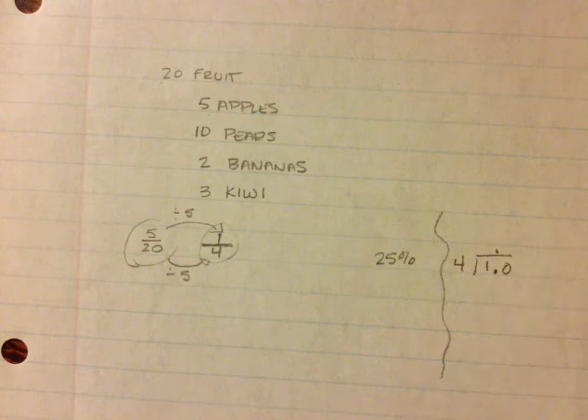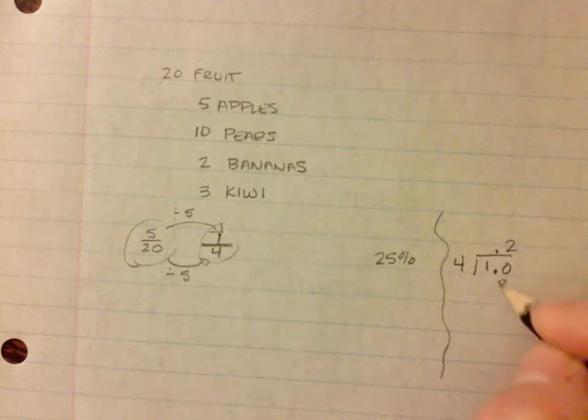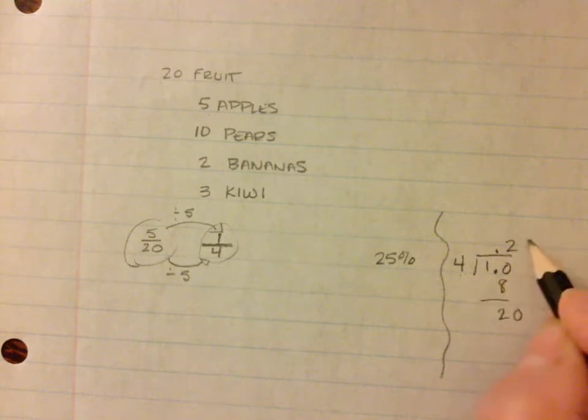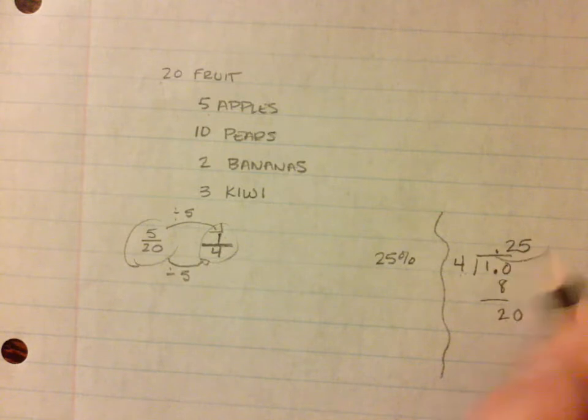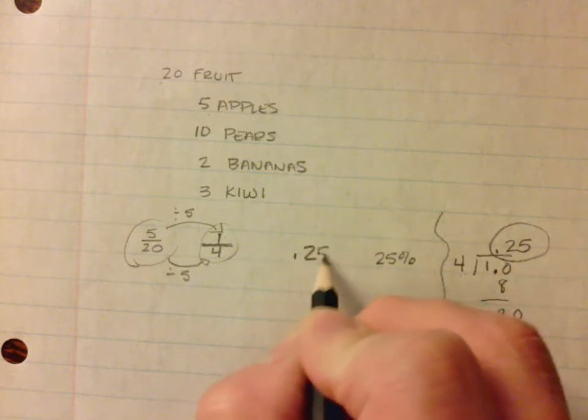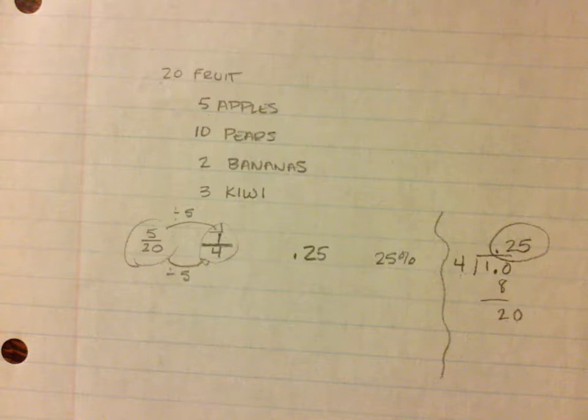Then 4 will go into 10 twice, giving me 8, and I'd have a remainder of 2. So I add another 0, and 4 then will go into 20 5 times. So when I turn that fraction into a decimal, I end up getting 0.25.